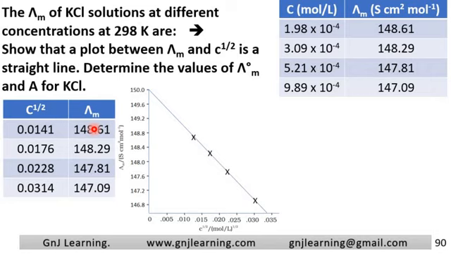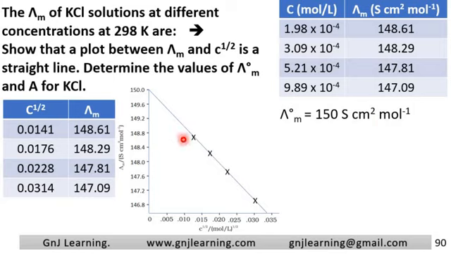So I am trying to plot it, with lambda m on the y-axis and c half on the x-axis. I plot the points and draw a straight line, and this straight line intercepts at 150. So lambda m0 is equal to 150 S cm² mol⁻¹.